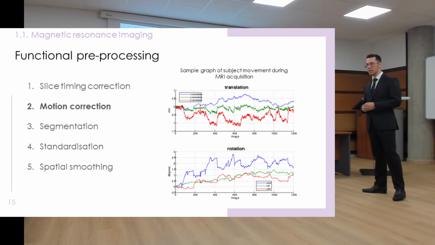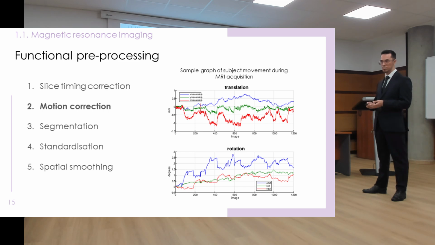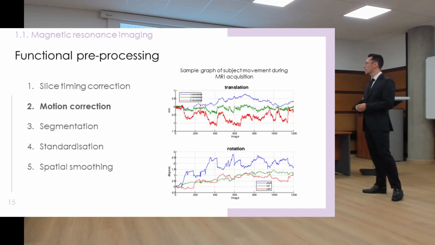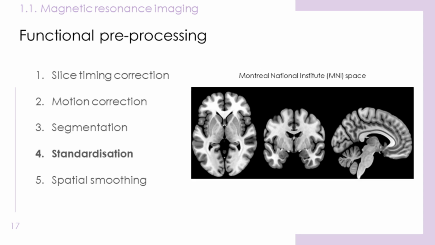Then the motion correction, which aims to correct the error caused by the subject's head movement during the acquisition. This process also helps to reduce the variance of error. Then the segmentation of the anatomical images, which consists in the differentiation of key brain tissues to extract the parameters that we need for the following standardization step.